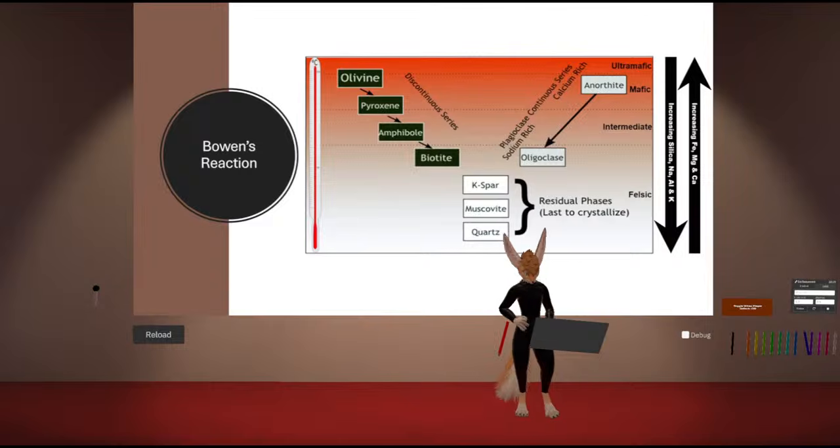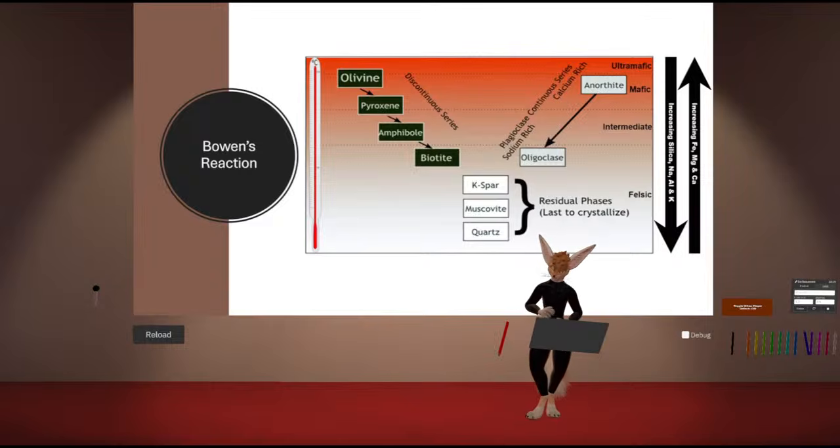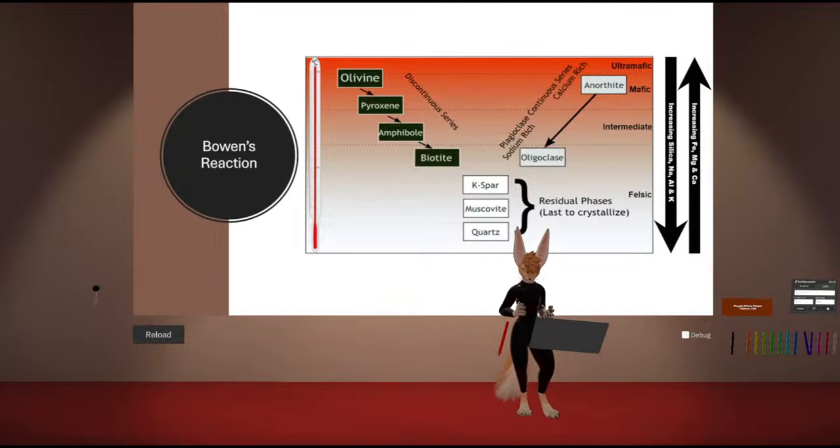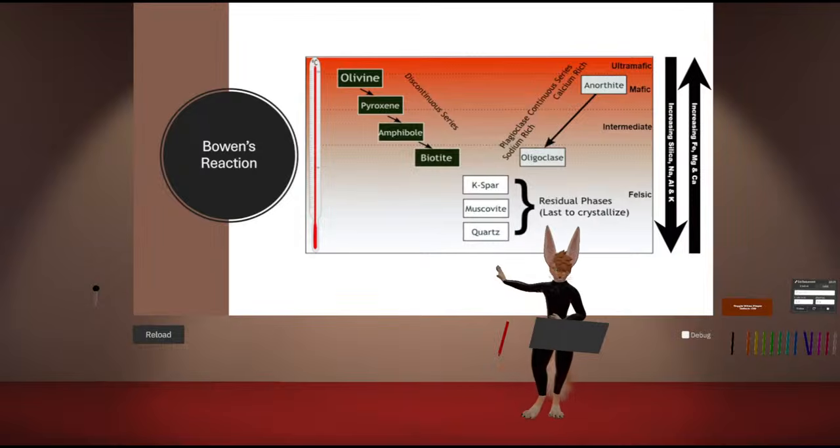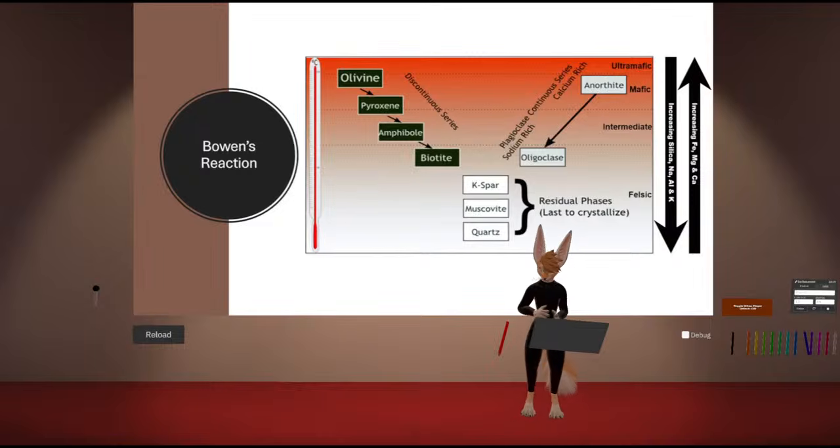Now, different rocks have different minerals in them: mafic rocks, dark minerals; felsic rocks, K-spar, quartz, what have you. But depending on the minerals in the rock, you can tell if they came from the sources that I'm hammering down here. But it can also tell you if the melt underwent fractional crystallization.